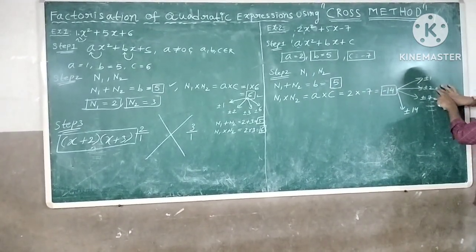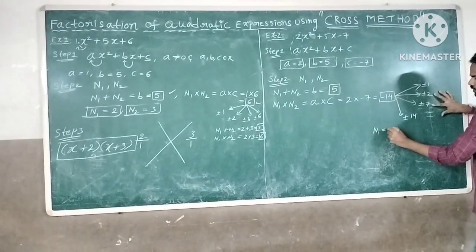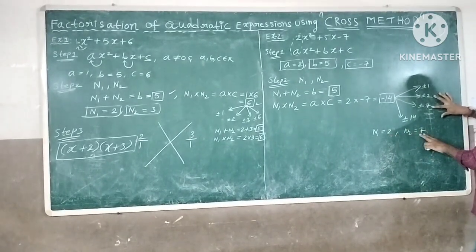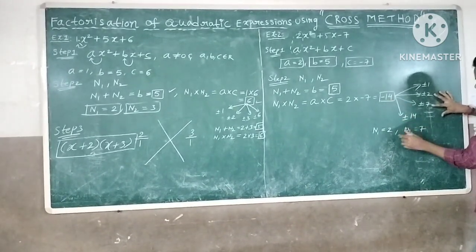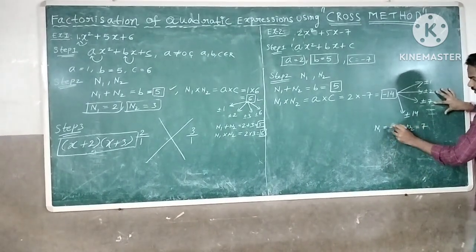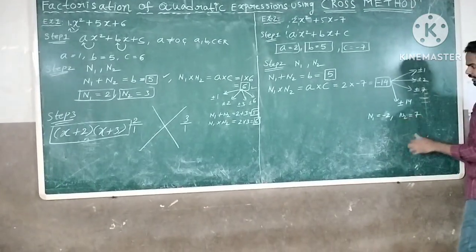Let us consider 2 and 7. Suppose n1 is equal to 2, n2 is equal to 7, then 2 into 7 is plus 14, but we need minus 14. So let us consider minus 2 and plus 7. You can take different signs. Considering minus 2 and plus 7, what is the sum?